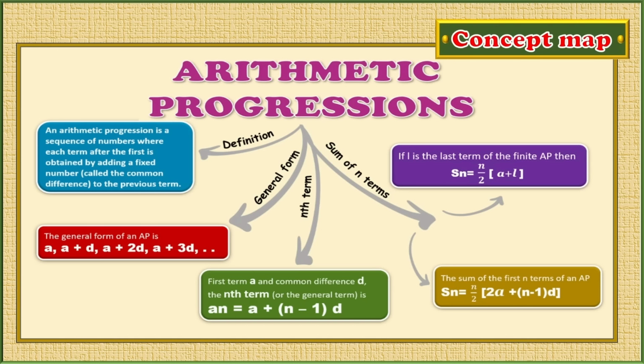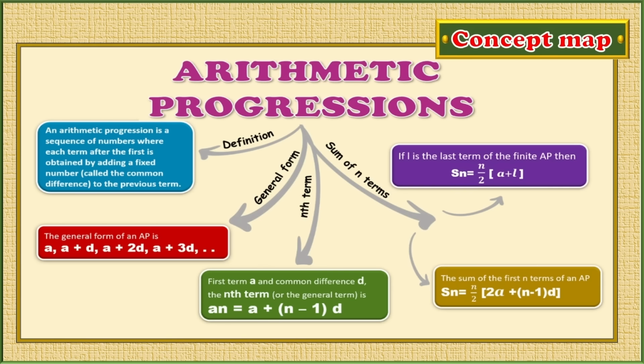It explains 4 subtopics: definition or introduction, general form, nth term, sum of n terms in 2 ways. So it is a very crucial one. At the end of the class, student will be able to draw the concept map also.